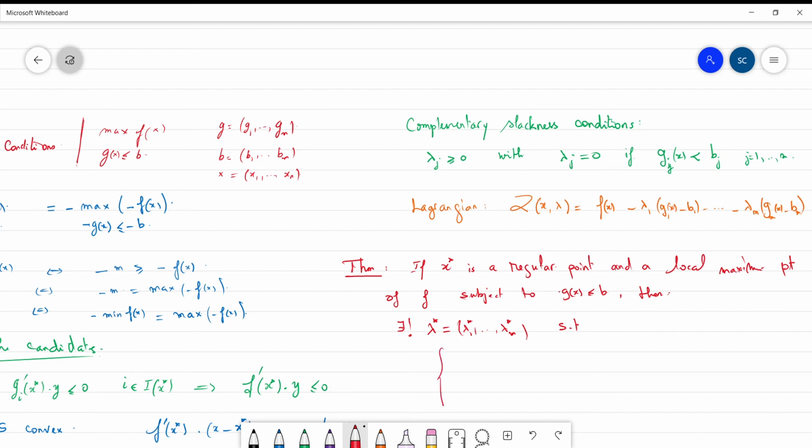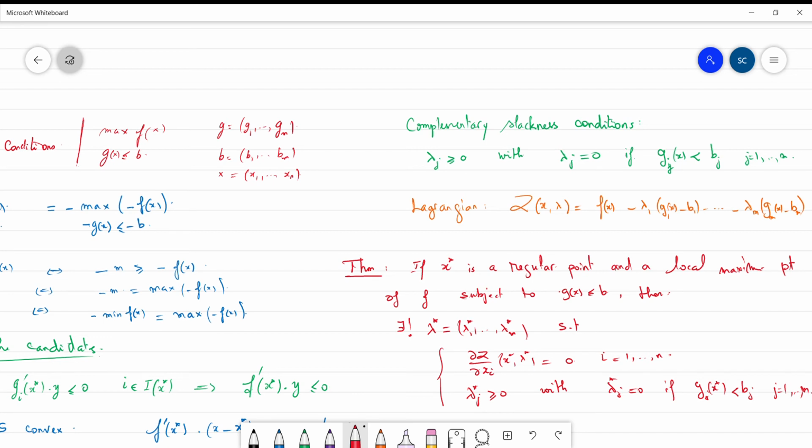What are they? We have the gradient, so dL/dxi at x star, lambda star equals 0 for i from 1 to n, and the lambda_j are all positive, with the information that lambda_j star equals 0 if we have strict inequality, if g_j(x star) is less than b_j, for j from 1 to m.